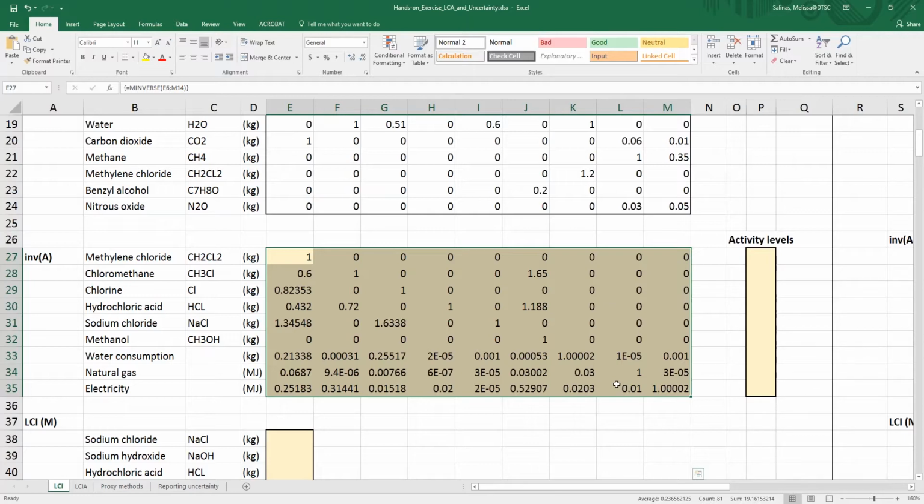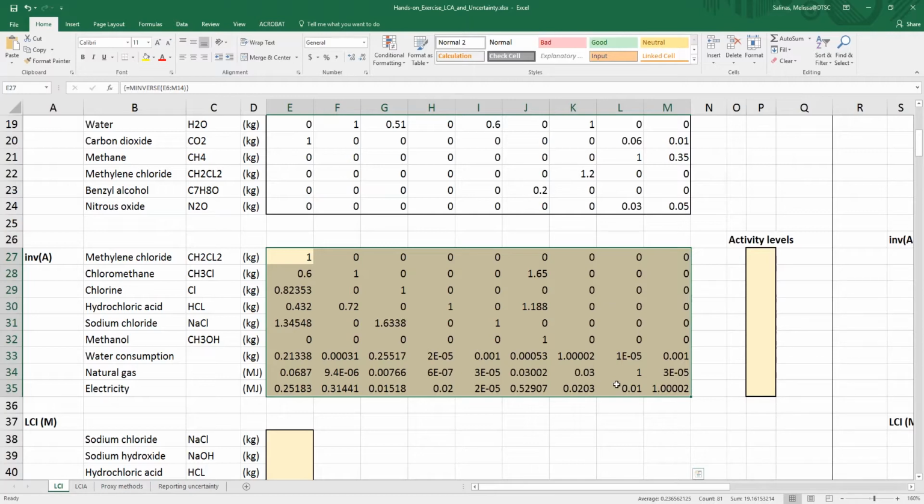So producing 1 unit of methylene chloride, we now know throughout this upstream life cycle processes, we need 0.6 kilograms of chloroethane and 0.82353 kilograms of chlorine, and we also need hydrochloric acid, although it did not require this directly, because it requires hydrochloric acid throughout the upstream relations, right?